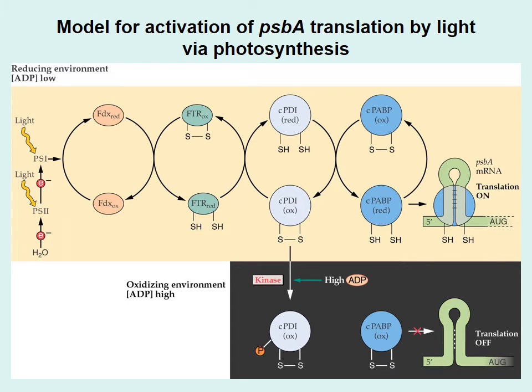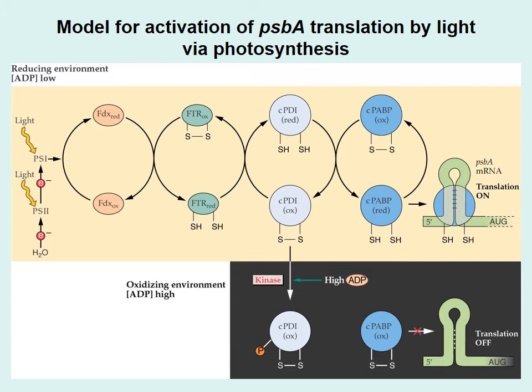Whereas when we talk of the oxidizing environment or the absence of light, the ADP level will accumulate and be higher, and the kinase will not be functional in the oxidizing environment.